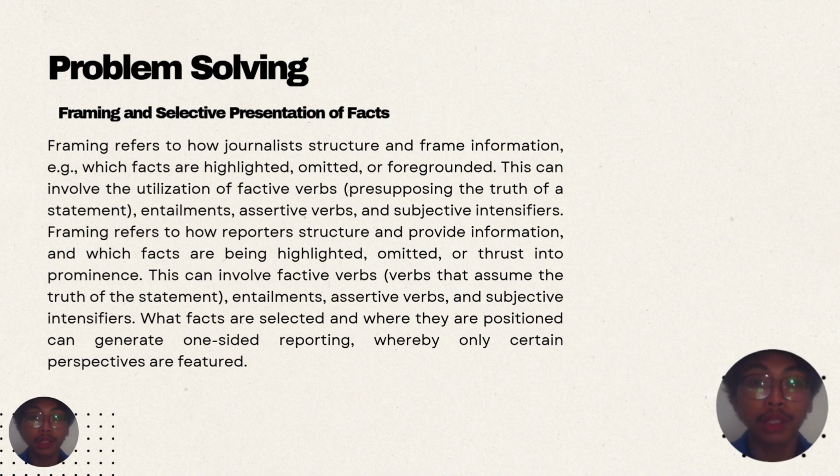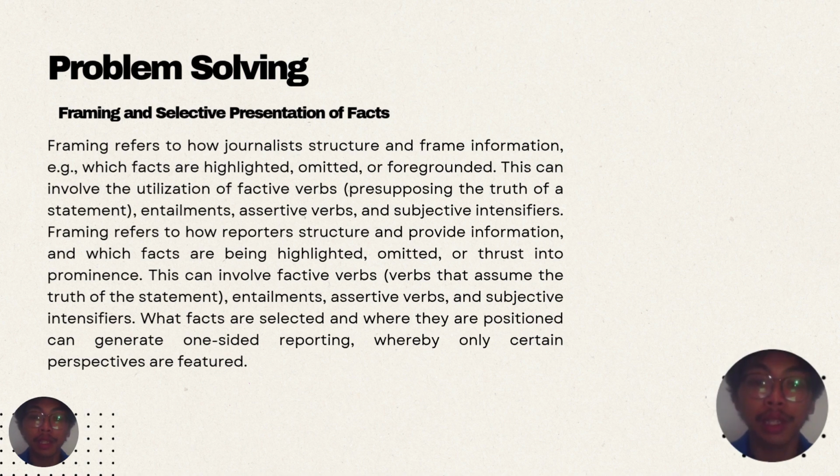This can involve the utilization of factive verbs that presuppose the truth of a statement, entailment, assertive verbs, and subjective intensifiers.